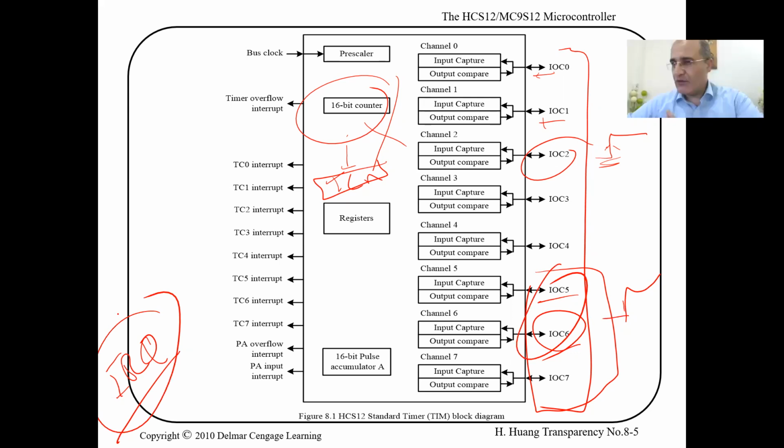But now we did program real-time interrupts. We did program IRQ interrupts. I'm going to share or do with you input capture interrupts, output compare interrupts. So the concept is the same.